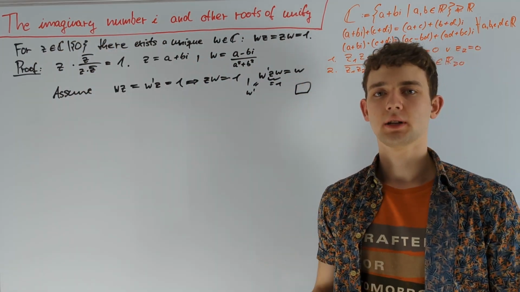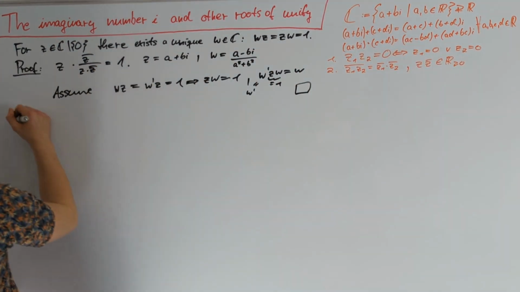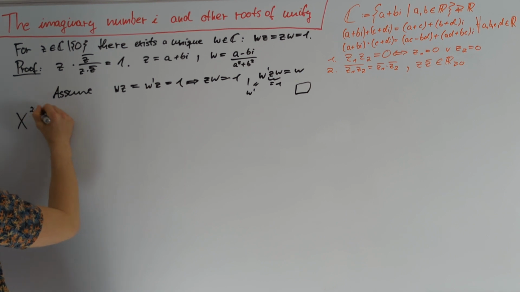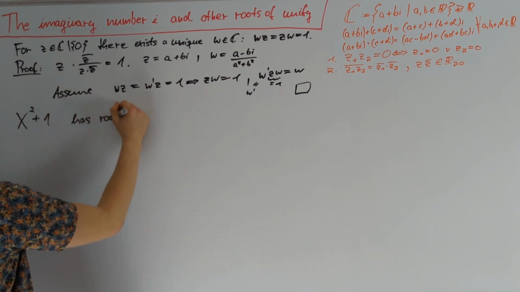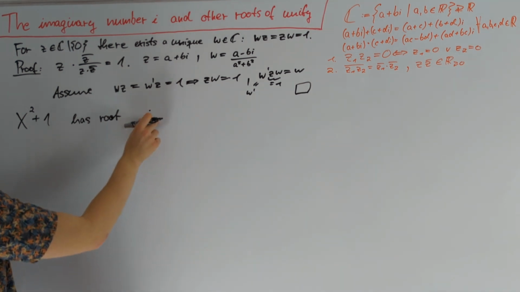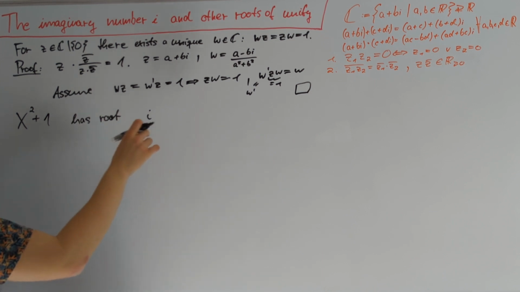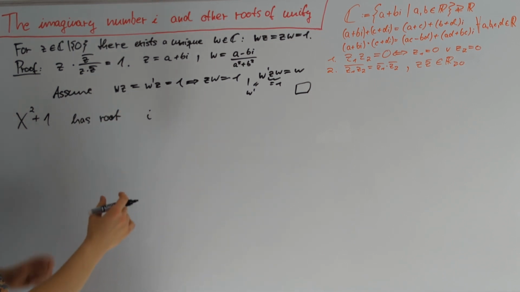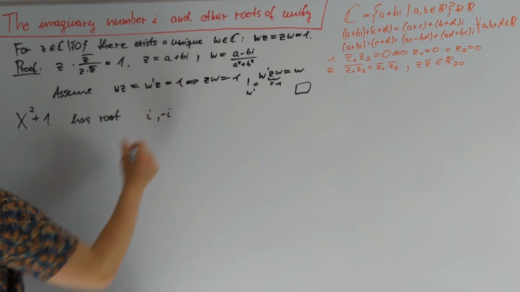With this new knowledge, let us come back to polynomials. We have originally noted that the polynomial x squared plus 1 has a root at x is equal to i, but moreover, we of course see that because minus i squared also equals minus 1, that negative i is a root of that polynomial.